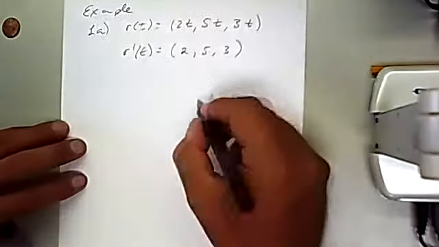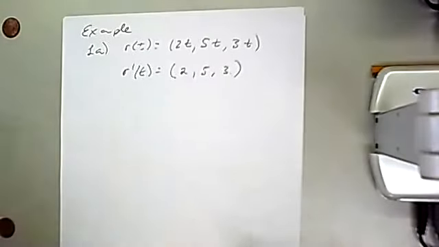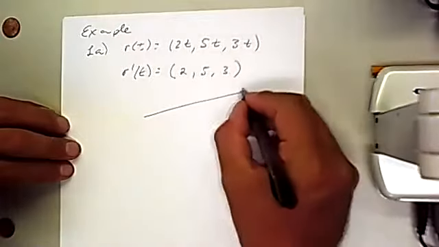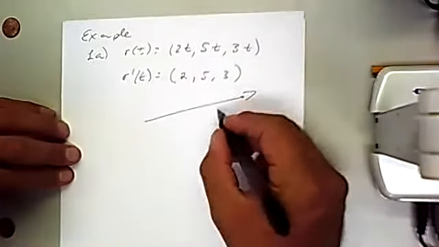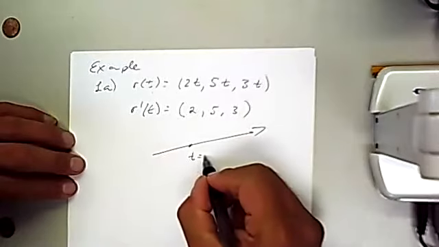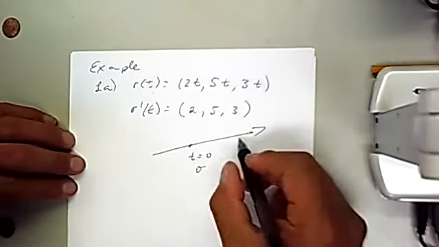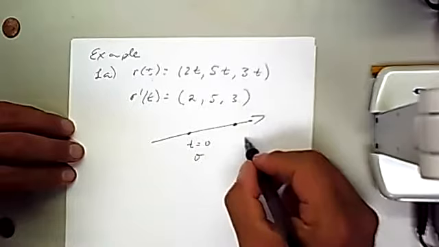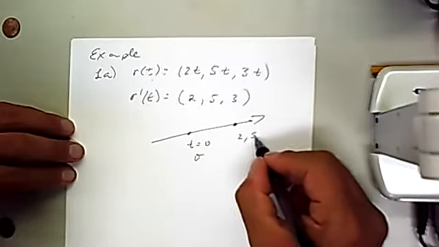So that means that this is the vector direction at which the straight line is going, which makes sense. So it goes through the origin. When t is equal to 0, we have the origin. And then when t is equal to 1, we are at 2, 5, 3.